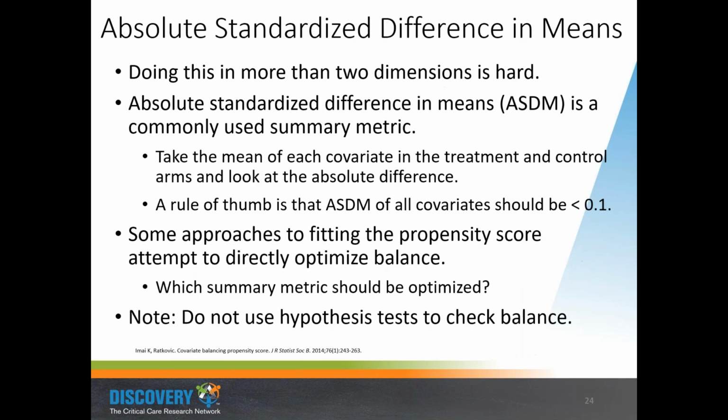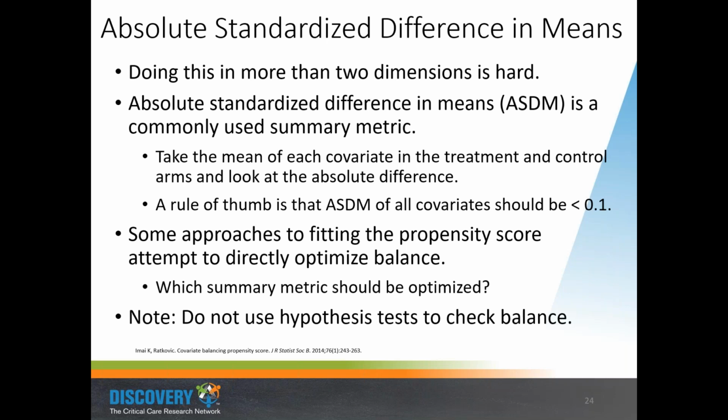The most common heuristic that people use is the absolute standardized difference in means. It's just a summary metric of the plots that I was showing. All you do is take the mean of each covariate in the treatment and the control arms, and look at the absolute difference. So what's the average age of the treated and the average age of the untreated, and how far apart is that difference?